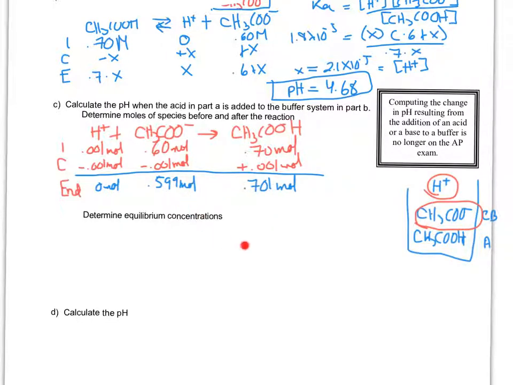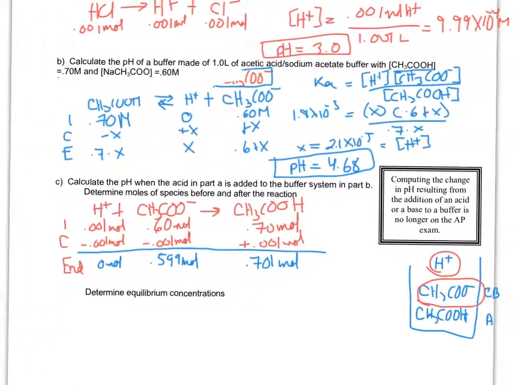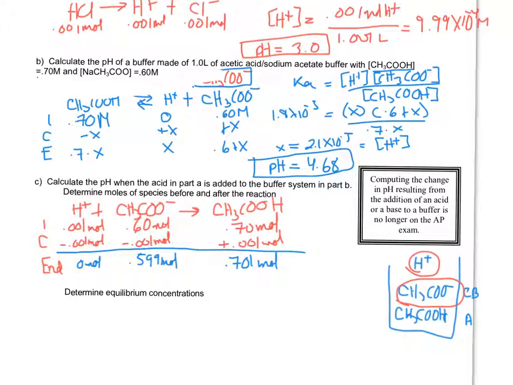Then what I do next is I calculate now the pH like I normally would by the dissociation of that acetic acid buffer system. So I find the pH of the buffer system just like I did in part B here. But instead of using these as my initial concentrations, now these are my initial concentrations. So let me try to do that.